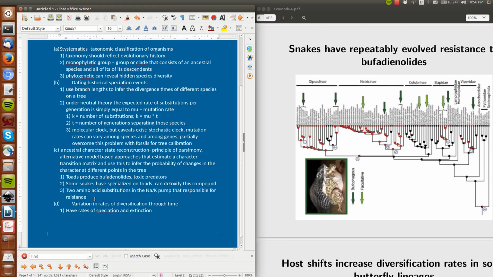Think of the rate of diversification as the rate of speciation minus the rate of extinction, the rate at which a group is accumulating species. So have rates of speciation and extinction, and therefore rates of diversification, remained constant through time?